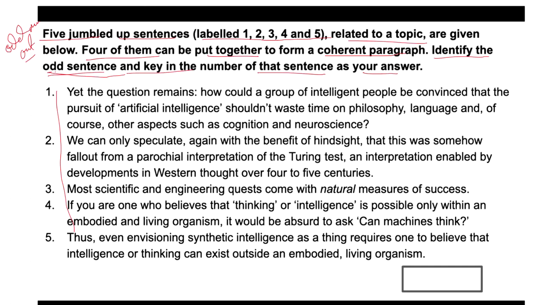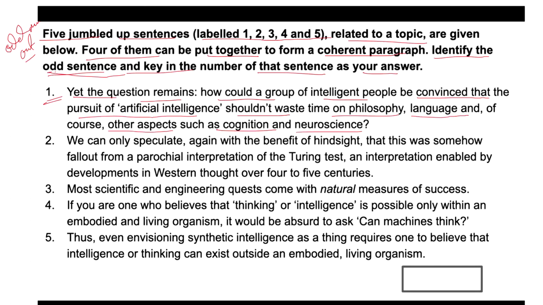So let's go to the first sentence. The first sentence stated, yet the question remains, how could a group of intelligent people be convinced that the pursuit of artificial intelligence should not waste time on philosophy, language, and, of course, other aspects such as cognition and neuroscience? Right? Now, this sentence introduces what? A question about the scope of AI, isn't it?